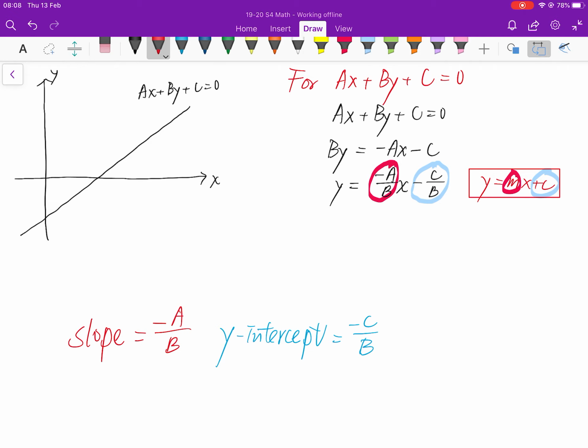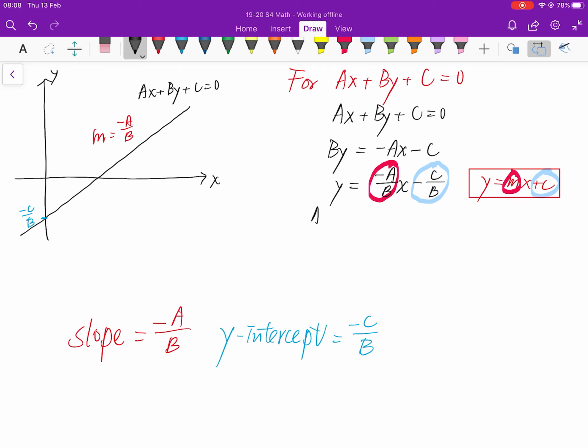On the figure, I will again mark it down. The slope m equals negative a over b, and the y-intercept, the point here, becomes negative c over b.